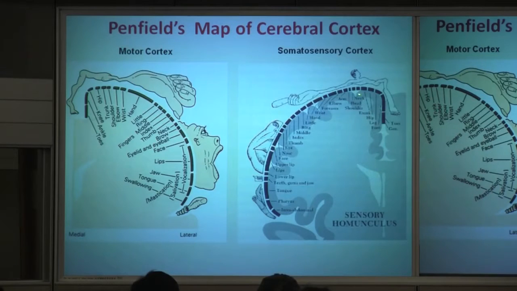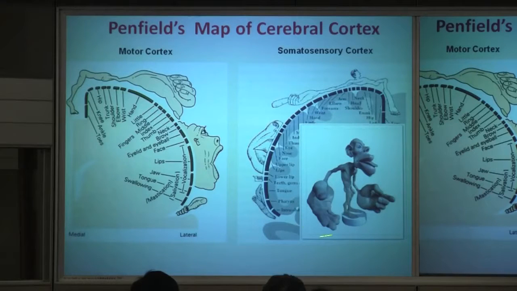And doing this, he found there's a map controlling different parts of the motor system. And also there's a map controlling different parts of the somatosensory system. This region a little bit back on your brain is the somatosensory cortex. This region controls the sensation from the face, from lips, from hands, and from different parts of the body. So this map is highly distorted.